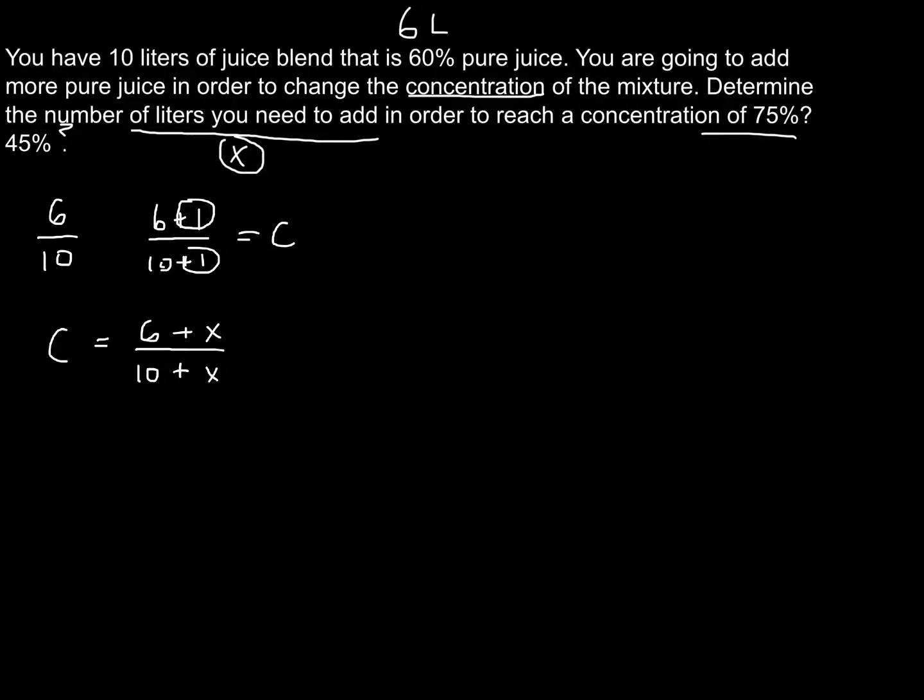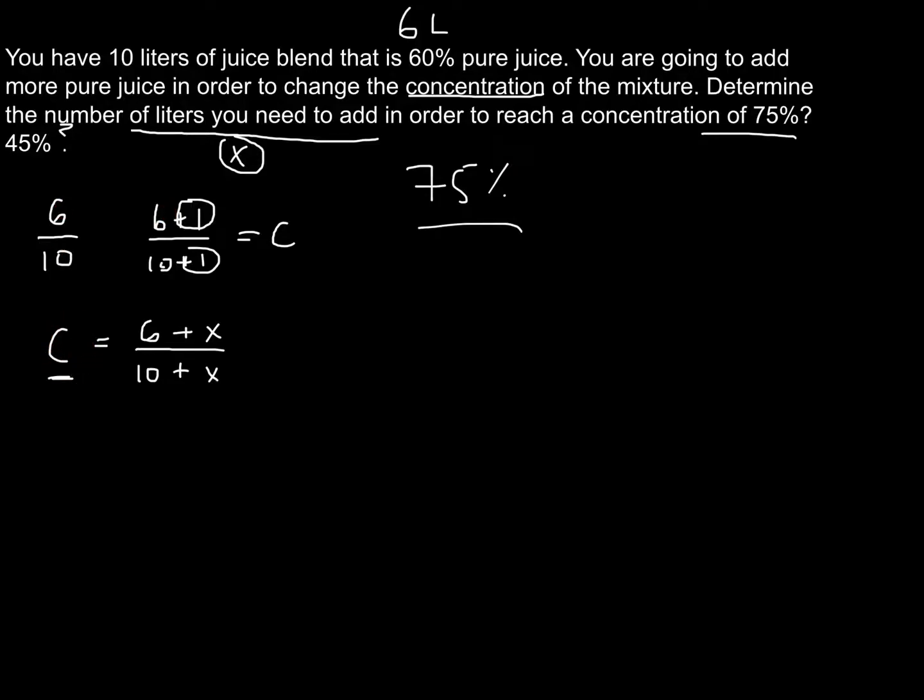Alright, so at this point we have our equation, and now we're set because we know what we want the concentration to be. We want it to be 75%. We've got to be a little careful because C is the concentration of the liquid, but it's not written in percent. We use a decimal to make sense of the concentration when we're dividing.